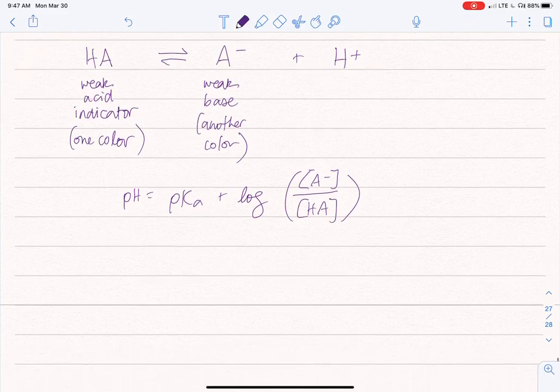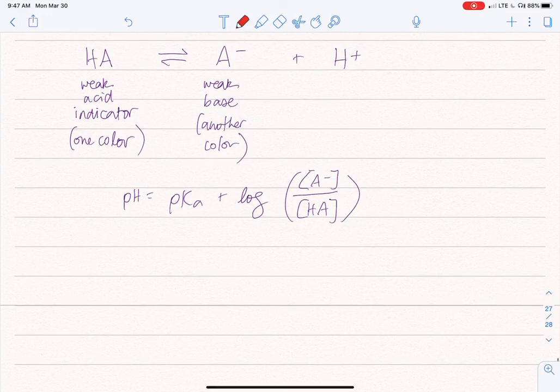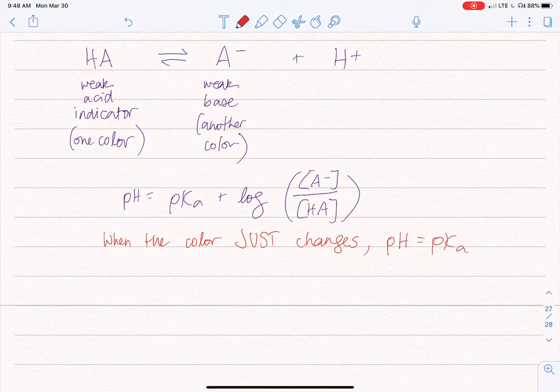And if you're actually doing a titration, which we'll talk about in the next lecture, when the color of the indicator just changes, that moment when it just changes, that's when the pH is equal to the pKa of the indicator.